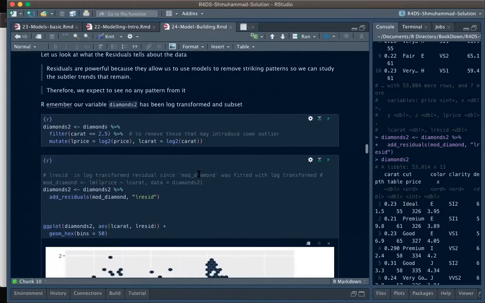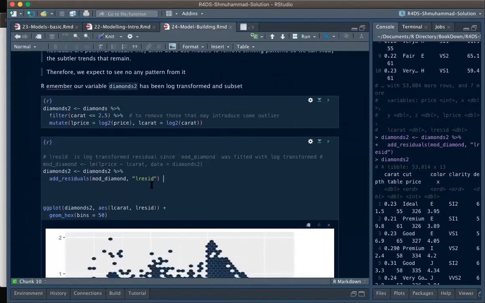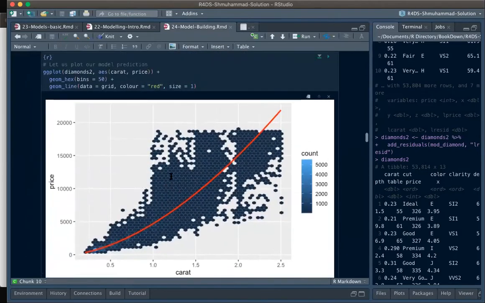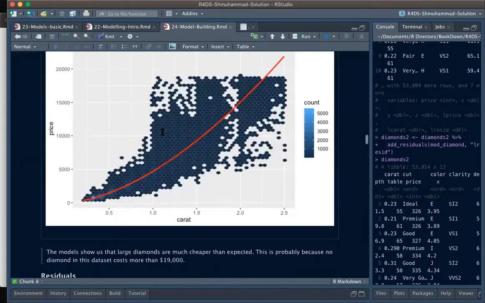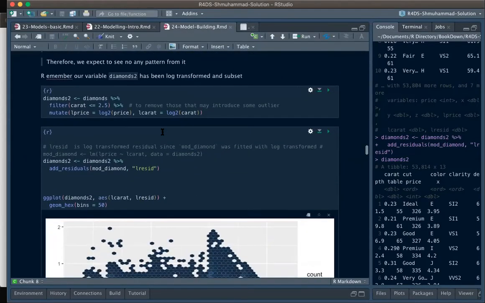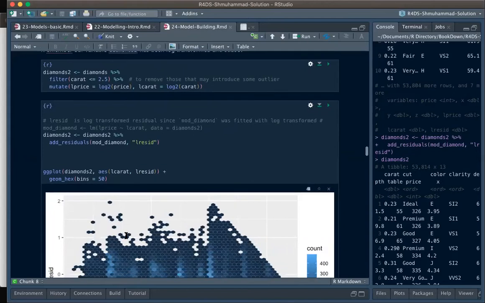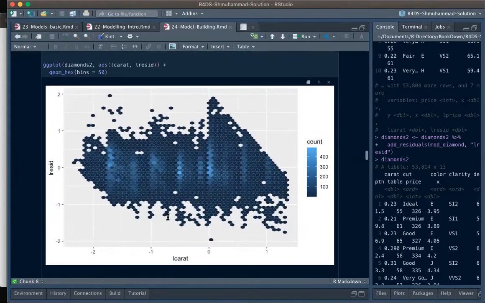Okay. Now we have this and we want to plot it. If you remember, we have the log of carat and the log of residuals. The first plot had the log of carat and the log of price, right? Here we change to the residuals and we can see what happens. As we can see in this visualization, there are no patterns.